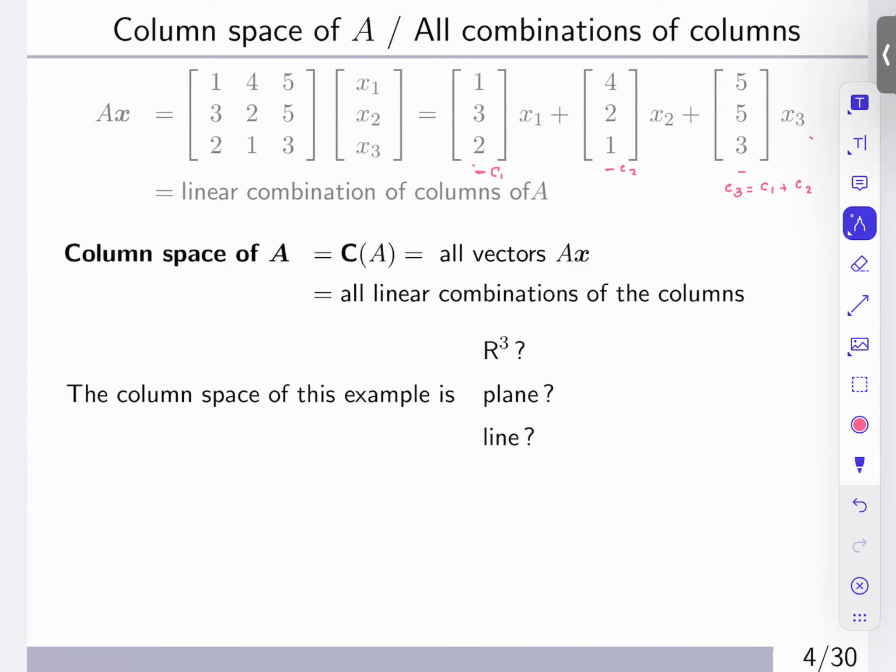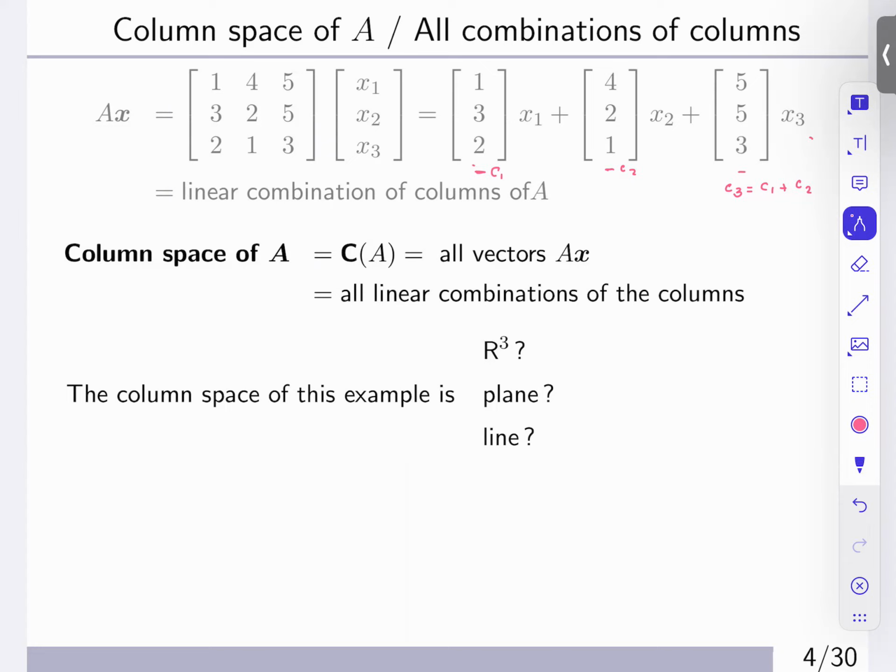So can someone tell me what is the column space of this matrix? The column space of this matrix is 2, because the third column can be represented as the sum of the first basis vector and second basis vector. What does that mean?